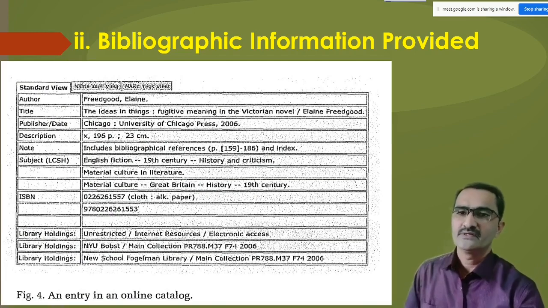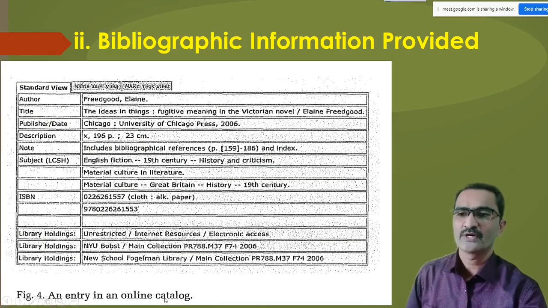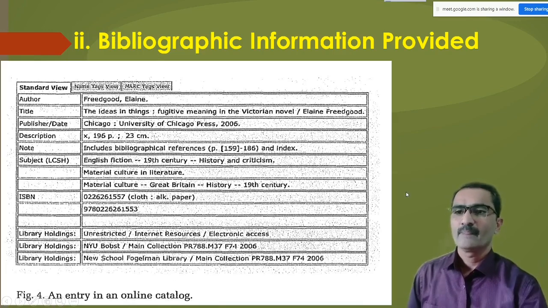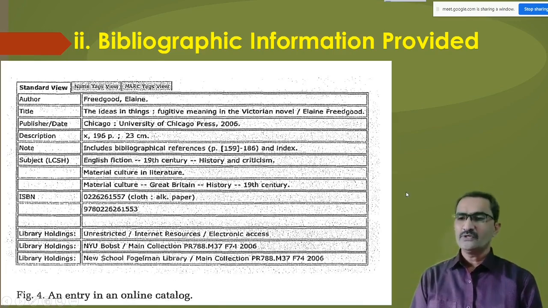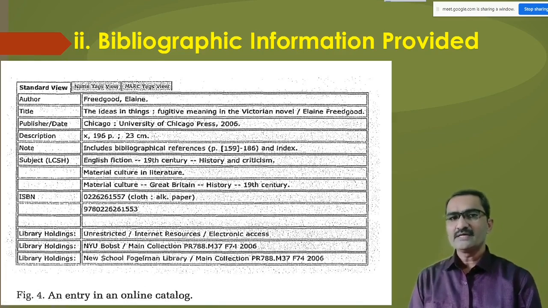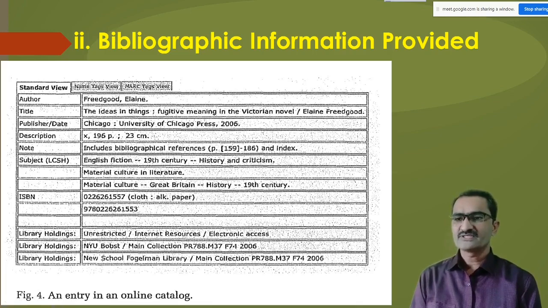Now here you can see at the bottom an entry in an online catalog. We are talking about the same online catalog. So if you remember, in the last lecture I told you that when you click on the title of the text which appears for the first time when you are searching, then you have to click on that title, and when you enter into that, you can see the expansion of that, meaning the other information regarding that particular book.